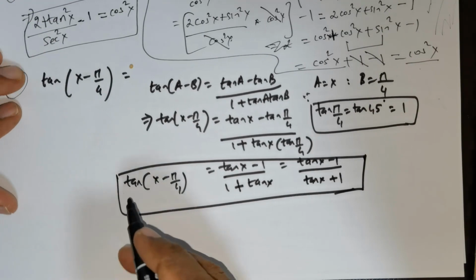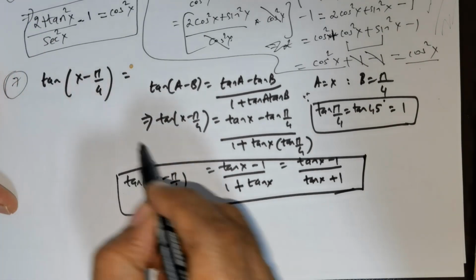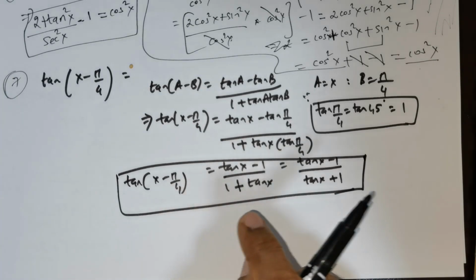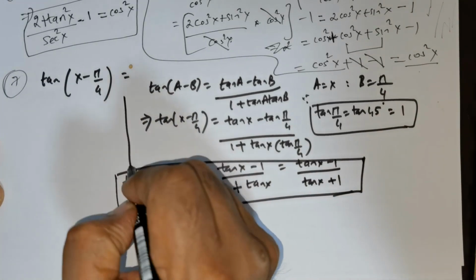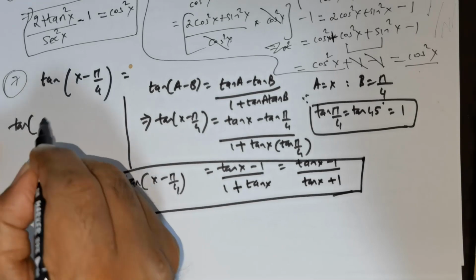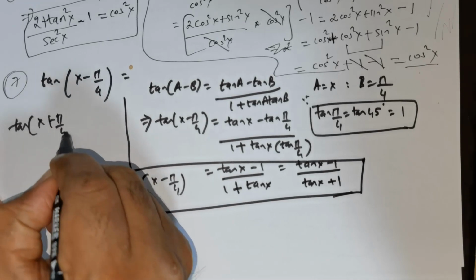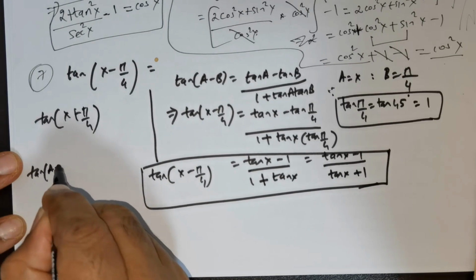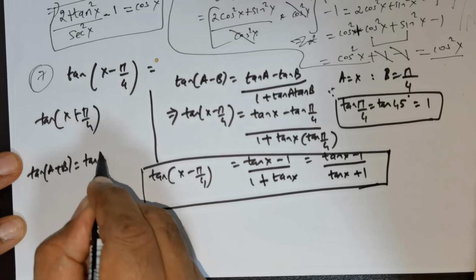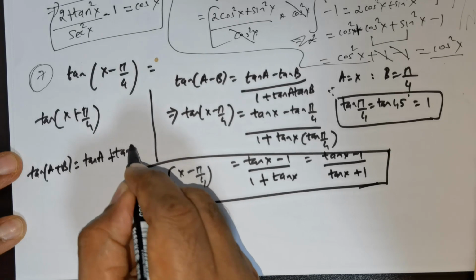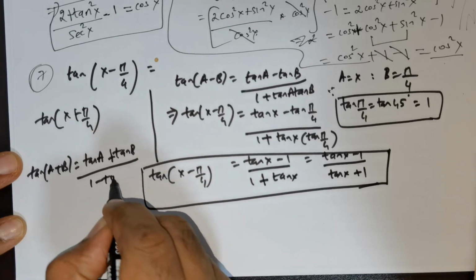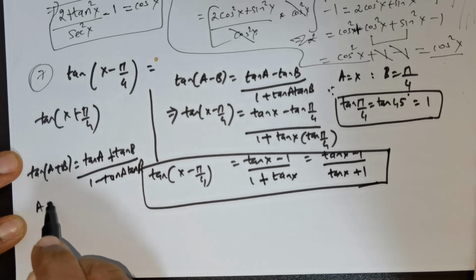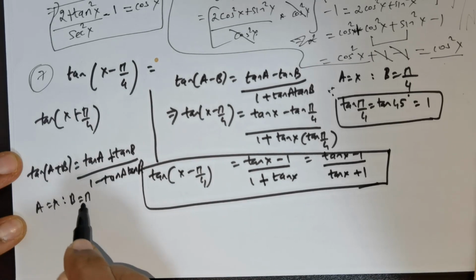Now you might be wondering, okay, you have given the identity for tan of x minus pi over 4. What is the situation for tan of x plus pi over 4? Okay, let's also do that. Now tan of a plus b is equal to tan a plus tan b divided by 1 minus tan a tan b. So I take a is equal to x and b is equal to pi over 4.